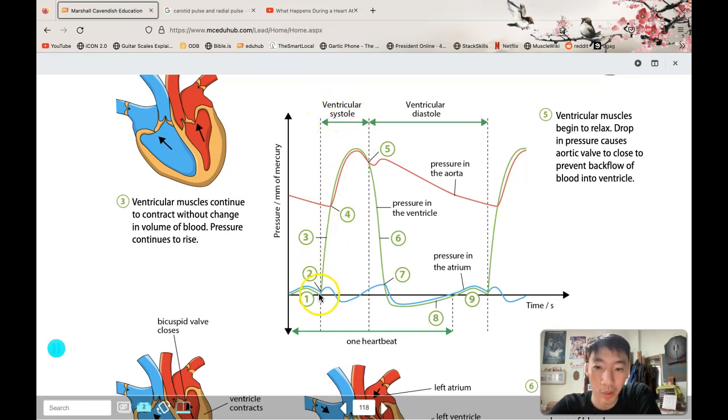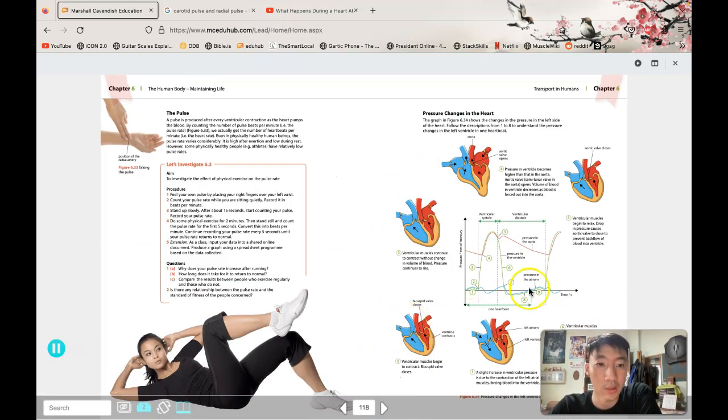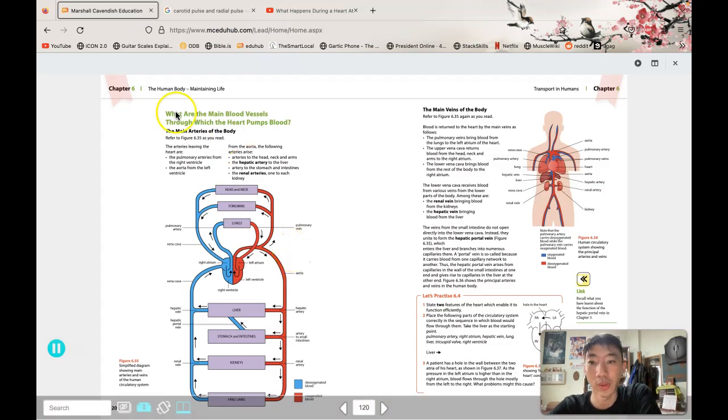The time taken will be from right at the bottom here, where the pressure starts to increase and goes all the way to the point of this intersection. This is the point where the blood has entered into the aorta and then it's moving away already. So it's moving through the aorta, and that's why the pressure is decreasing in both the ventricles and the aorta. Okay, this graph needs a bit of analysis, so take some time, read through it, and try to understand. Pause the video if you need to.